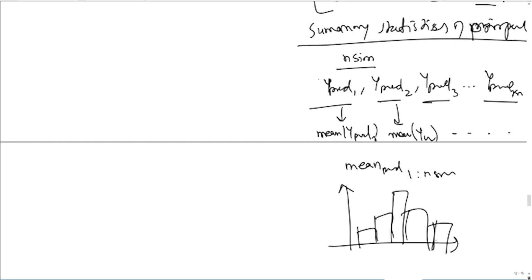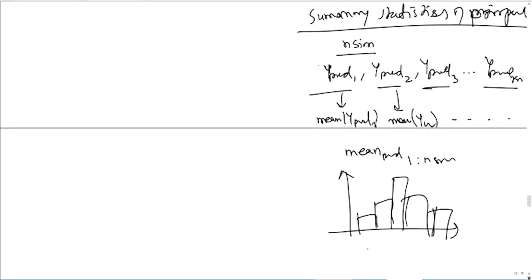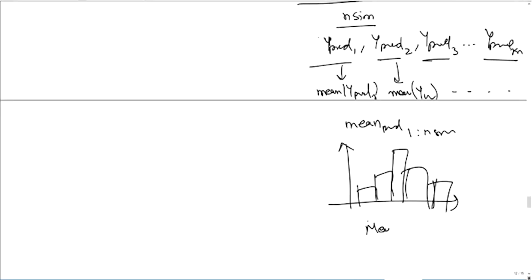This is the mean or average of prior predictive samples. And what does this mean? What this graph shows you is that under the assumption that theta comes from P of theta, what would be the distribution of average response across, let's say, 500 experiments.